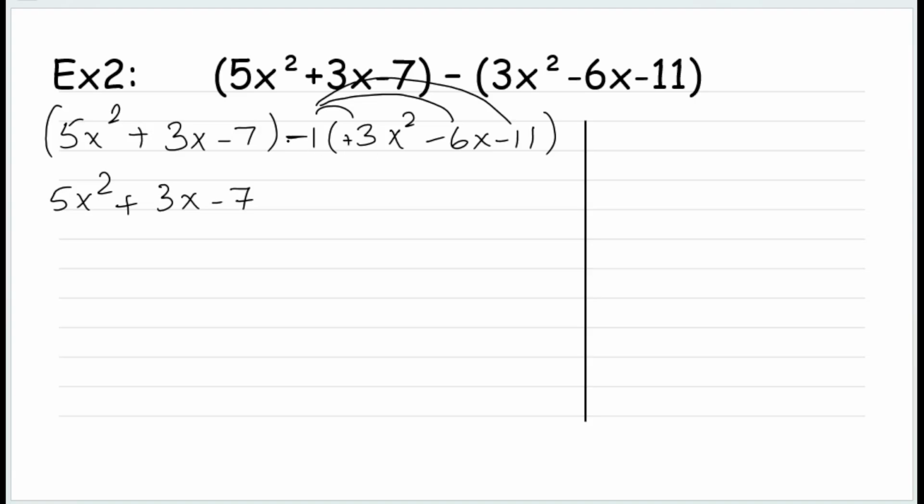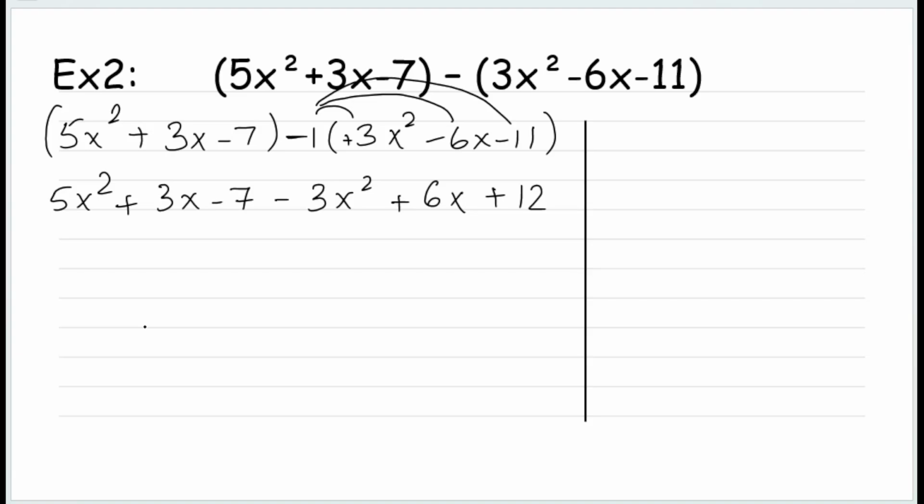So positive 3x squared becomes minus 3x squared, just put the opposite sign. Minus 6x will become plus 6x, and minus 11 will become plus 11.